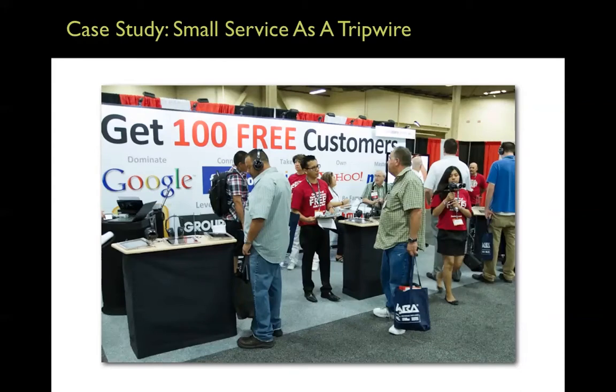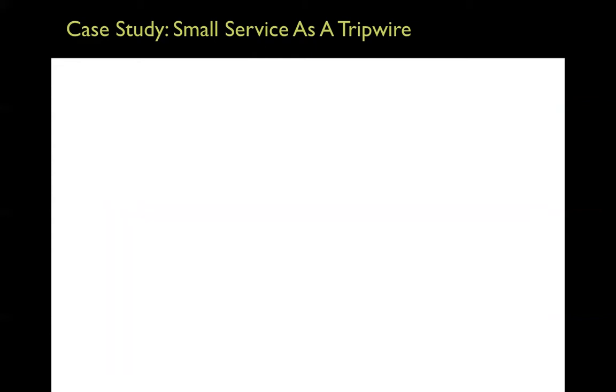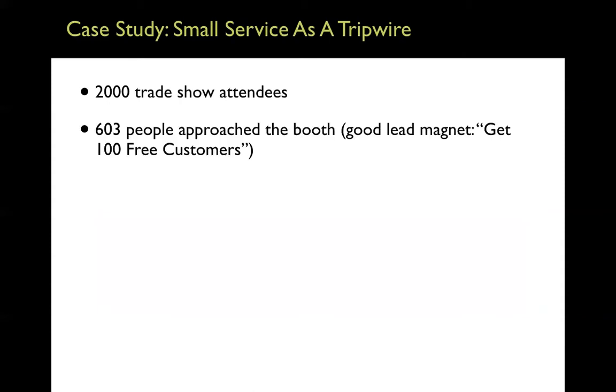You're going to love this one. So you can see they're at a trade show and they say, get 100 free customers, dominate Google, Facebook, Yahoo, Bing, etc., Groupon. These guys are in the business. So there were 2,000 trade show attendees. 603 people approached a booth.